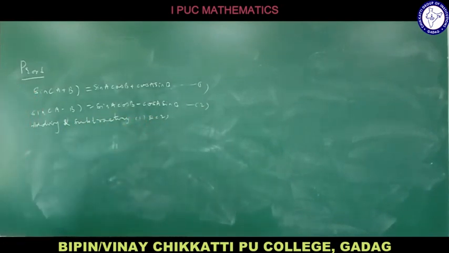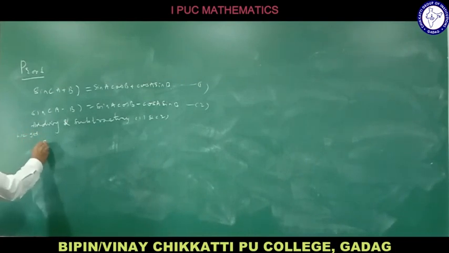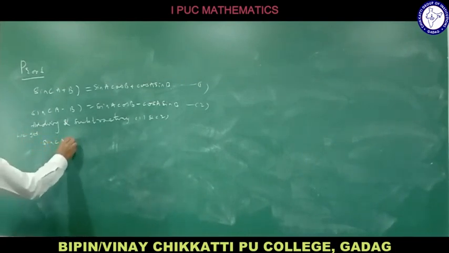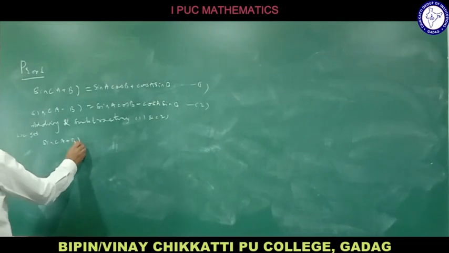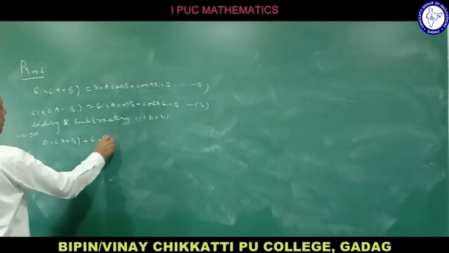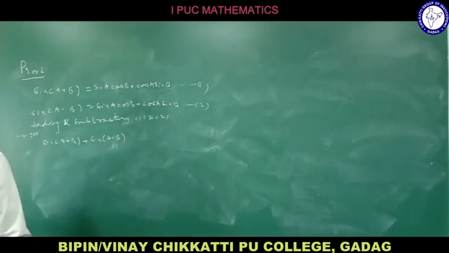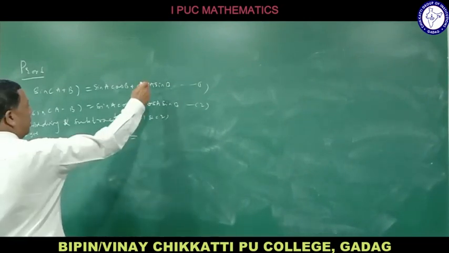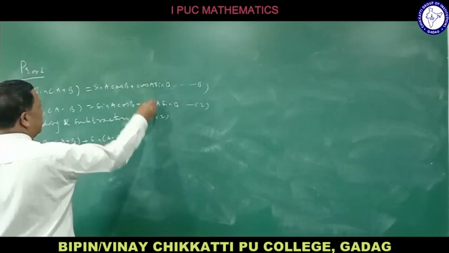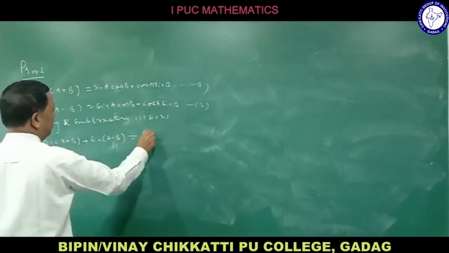First I add, and you see that we get sine of a plus b plus sine of a minus b. This is equal to, adding means cos a sin b cancels, so 2 sin a cos b we find.